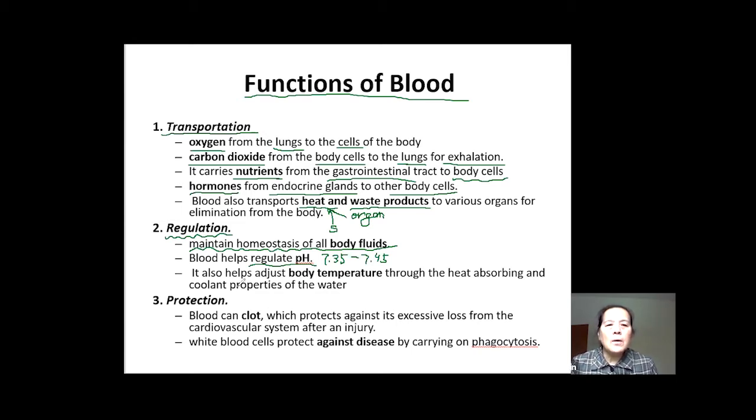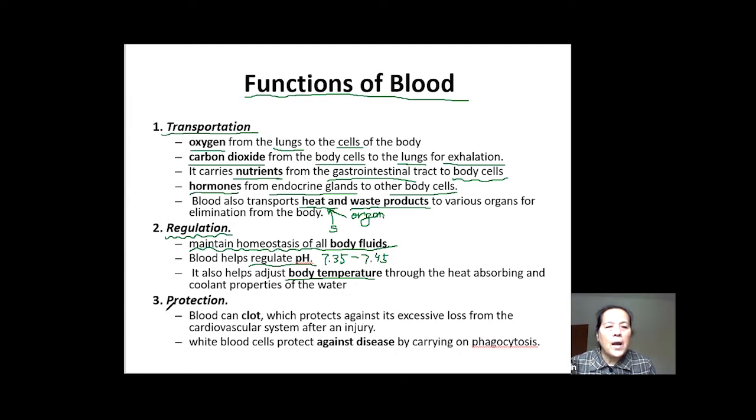And also regulating body temperature, like we talked about before. Some heat generation is basically from internally, and if there is too much heat, it can be sent to the outside. So that's regulating there.